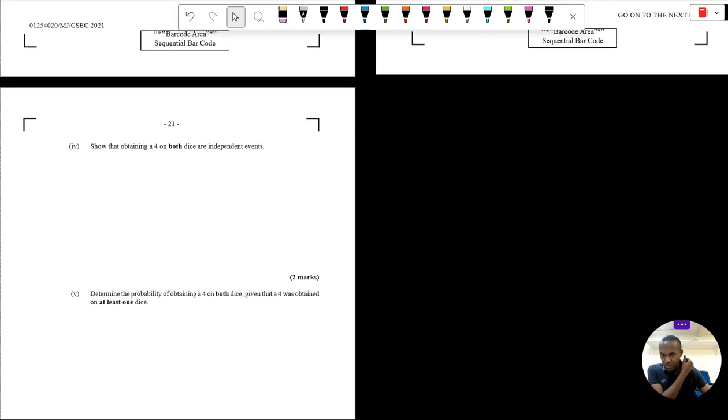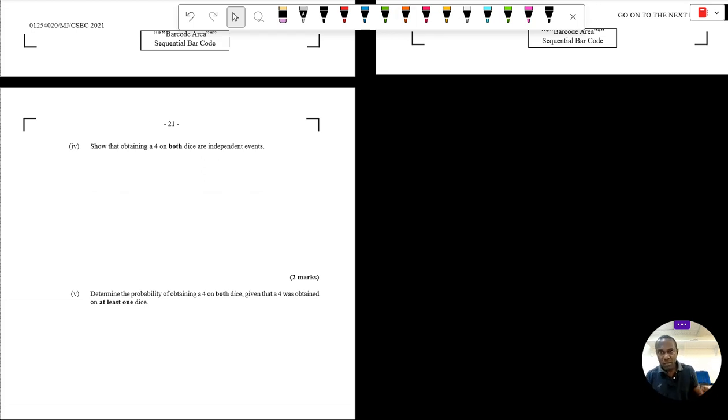Part 4 of the question says, show that obtaining a 4 on both dice are independent events. Now, what exactly do we mean by independent events?